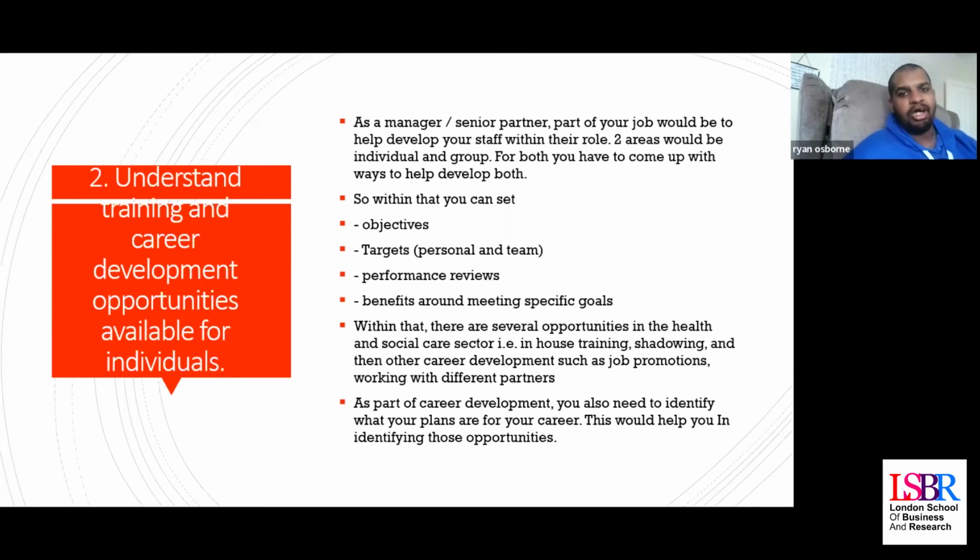Put in the chat box what opportunities you have as part of your job. Do you get to do training in-house? Do you get to shadow other members of staff? If you want to be developed, what can you do as part of your job? Let's have a look at that, because it's a very important aspect.